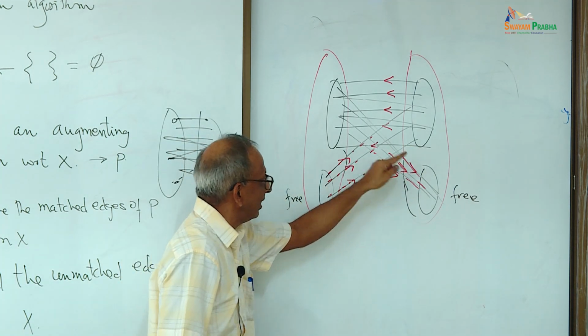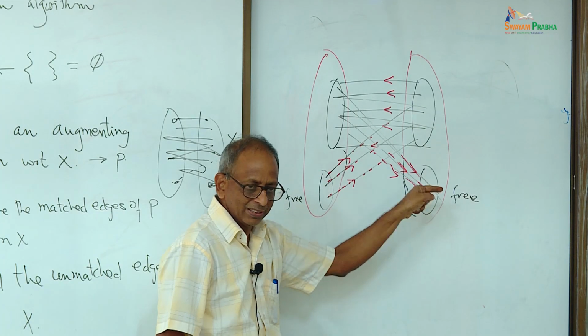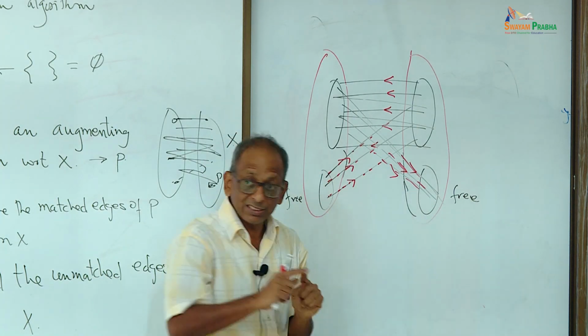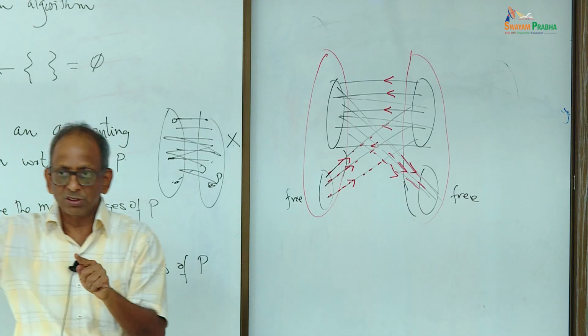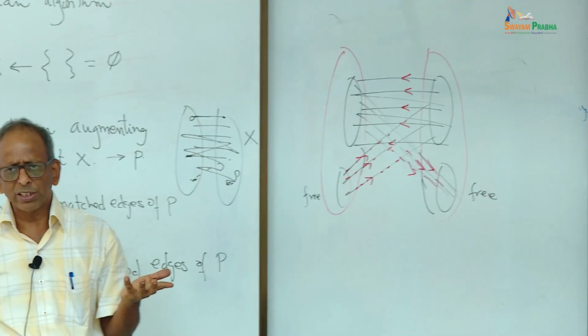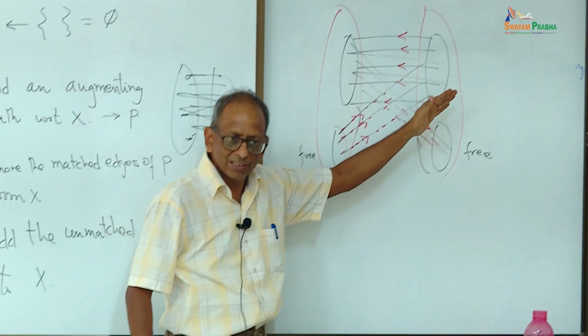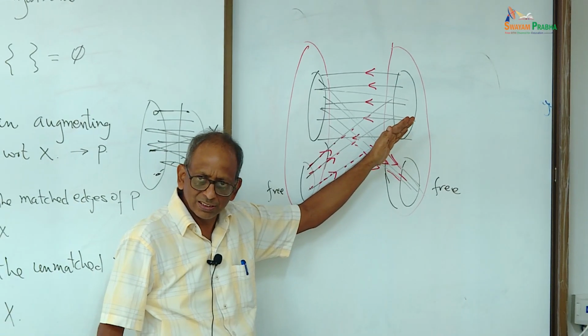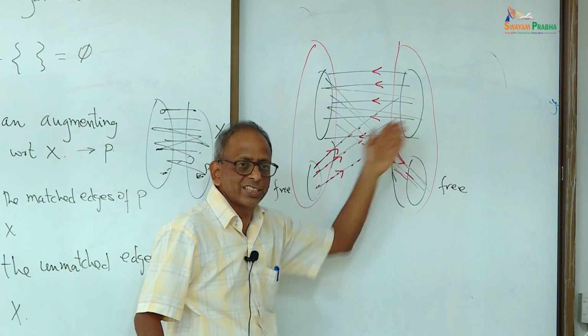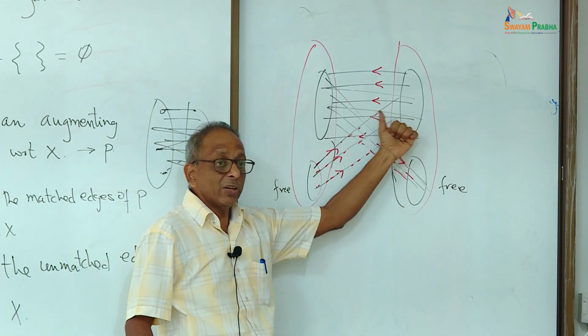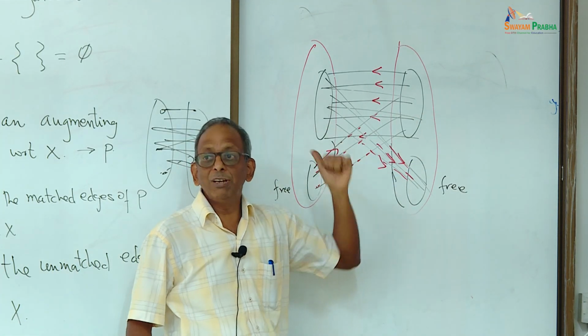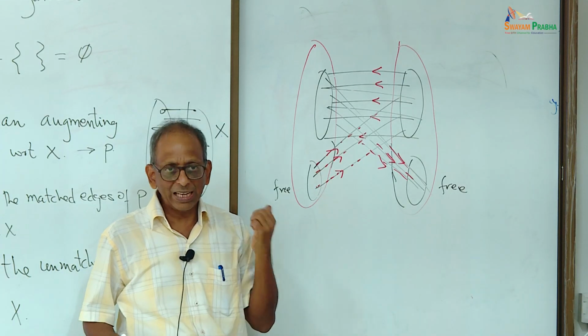Now, if I can find a path in this graph from any vertex to any vertex following the arrows, it would be an alternating path, because I will have to start with an unmatched edge, because no matched edge goes in this direction. Then when I return, I will have to return on a matched edge.